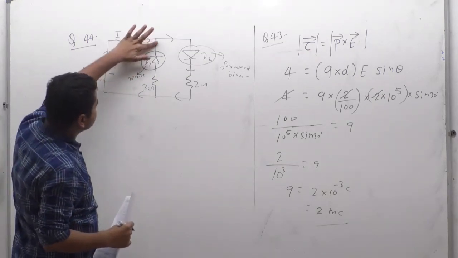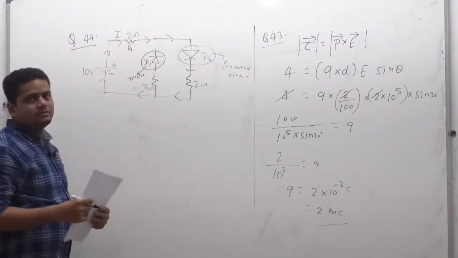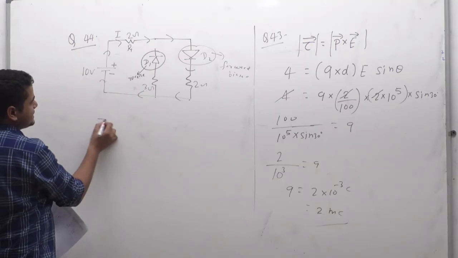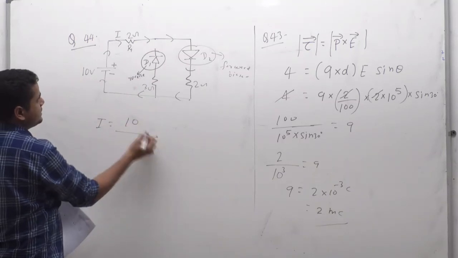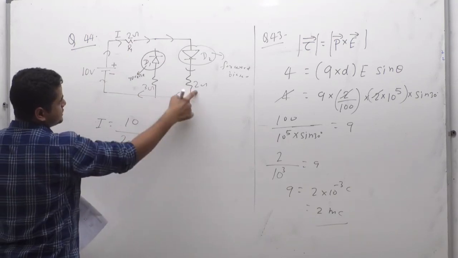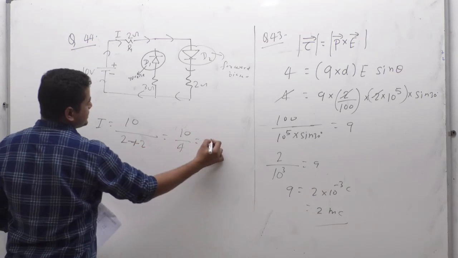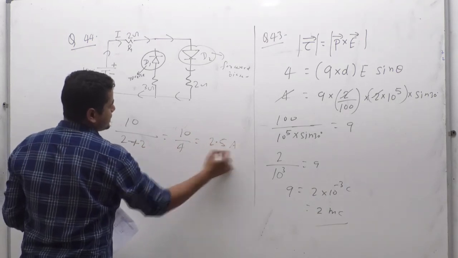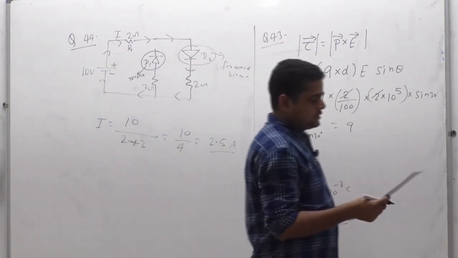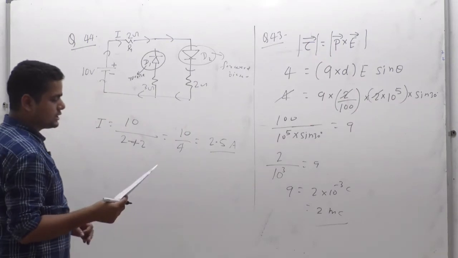No current will flow through this path because it is reverse biased, since infinite resistance is offered in reverse biasing. So current equals voltage 10 over total resistance in series, 2 plus 2. Total resistance is 4, so 10 by 4 means 5 by 2, which is 2.5 ampere. So option is D. D is the correct answer of question number 44.